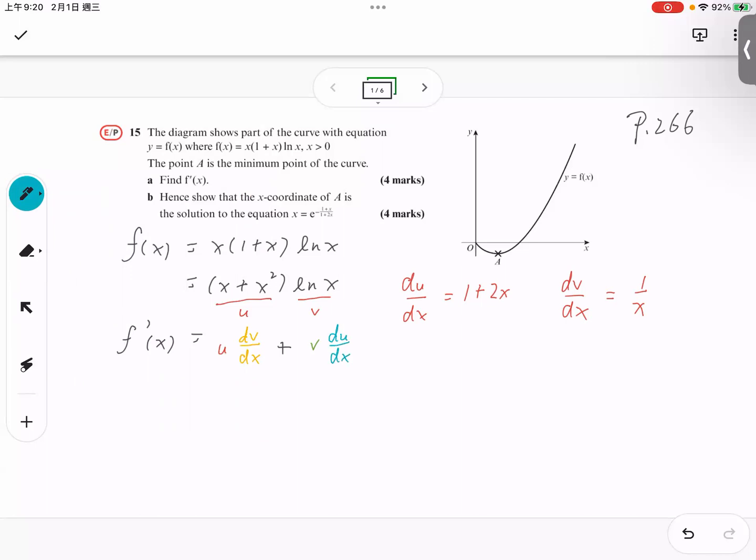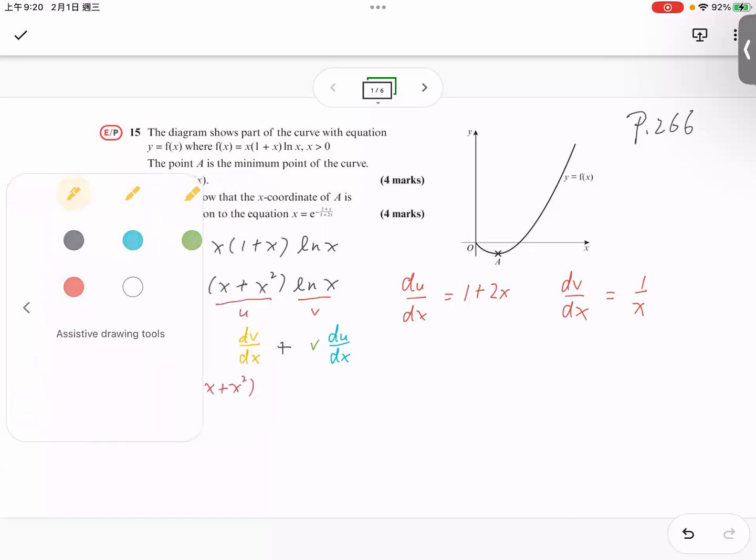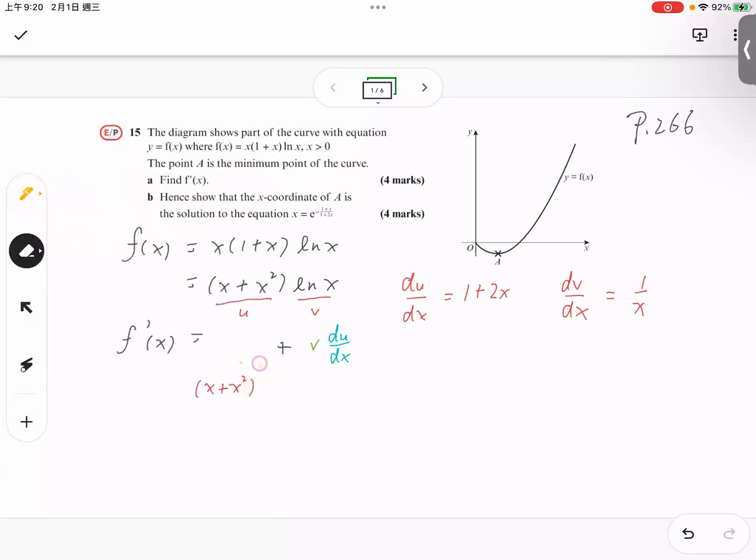For u, I will substitute x plus x squared here. And for dv/dx, obviously that is 1 over x, so we change it to 1 over x here.